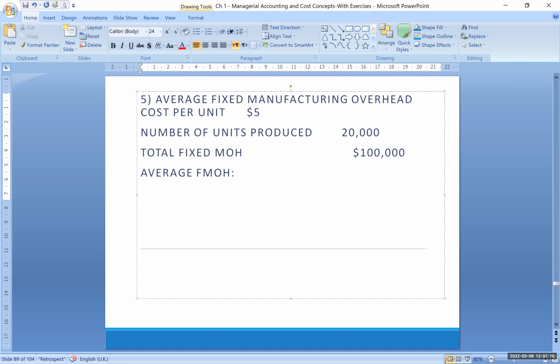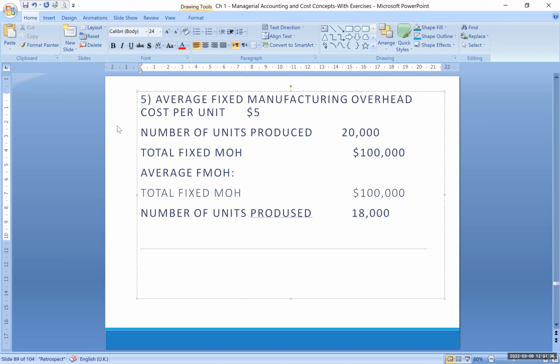The average fixed manufacturing overhead will be the total fixed manufacturing overhead divided by the number of units produced, which is what? 18,000 units.